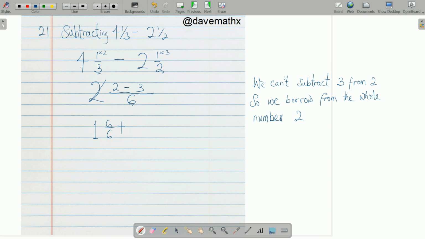After borrowing 1 from the whole number, we change it to a unit fraction of the denominator and we add it to the 2 to subtract 3 from it.